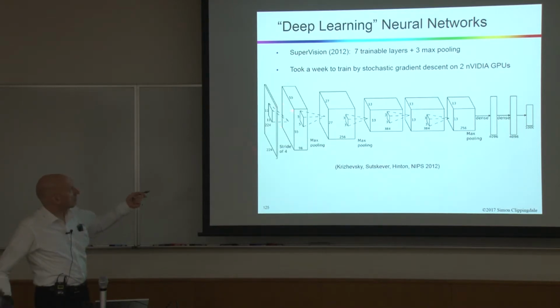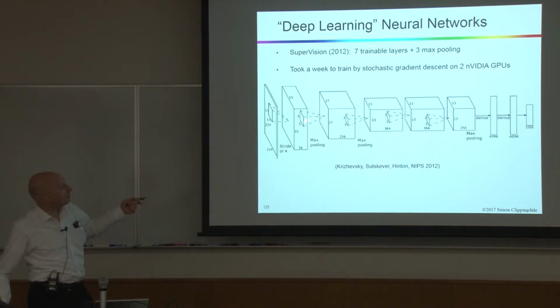That feeds into another layer here, which reduces the spatial resolution to 55 by 55, but within this layer there are 96 planes, each of which has a different convolutional filter weight vector.